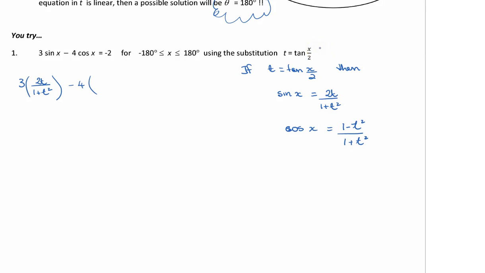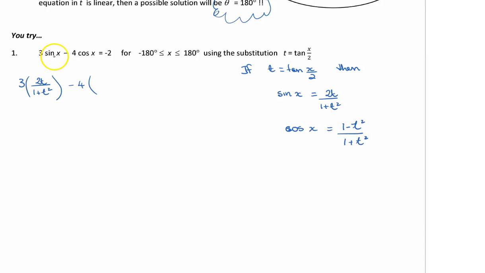So we know that we've got this connection between sine and cos of x degrees, and as we have here, sine of x, cos of x, that we can replace, considering tan of x on 2 being t, the whole of sine of x with 2t on 1 plus t squared, and all of cos of x with 1 minus t squared on 1 plus t squared.